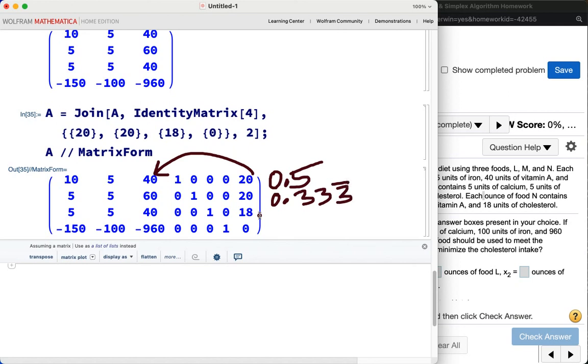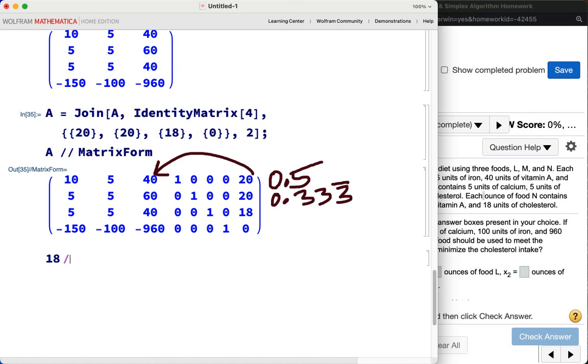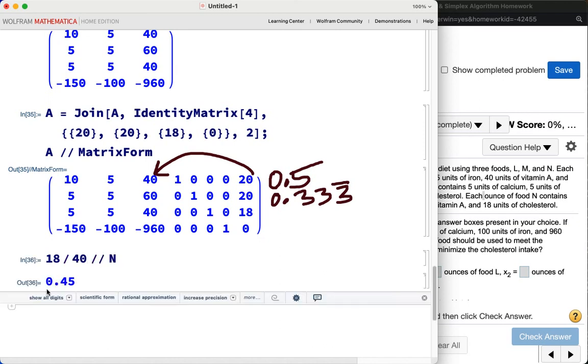And then 18 divided by 40 is 0.45. So the minimum ratio is going to be right over here, which means that we need to start pivoting right over there. So we're going to pivot right here on the 60.